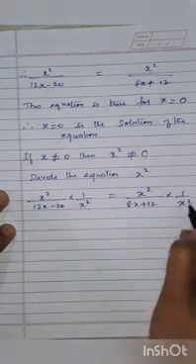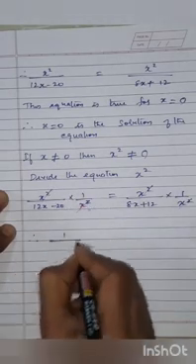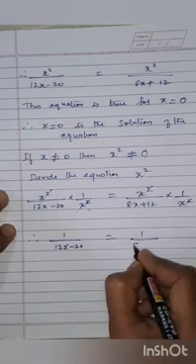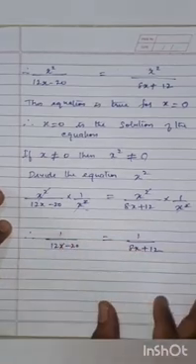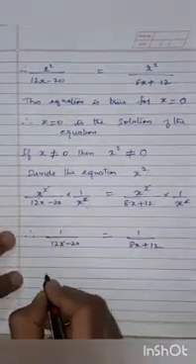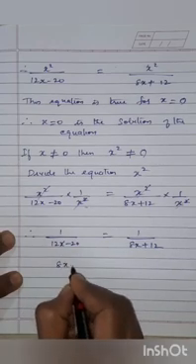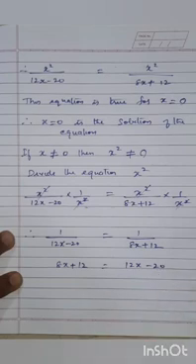So we have divided x square on both sides. So this x square gets cancelled and we get therefore 1 upon 12x minus 20 is equals to 1 upon 8x plus 12. Now children, what we have to do now? We have to cross multiply. So when we cross multiply, what we get is 8x plus 12 is equals to 12x minus 20.